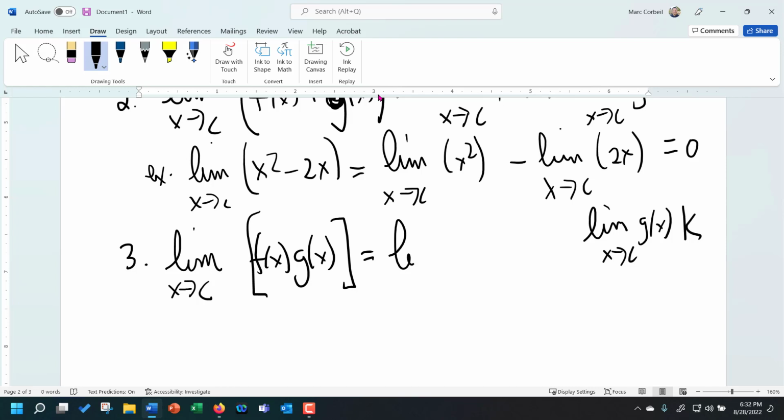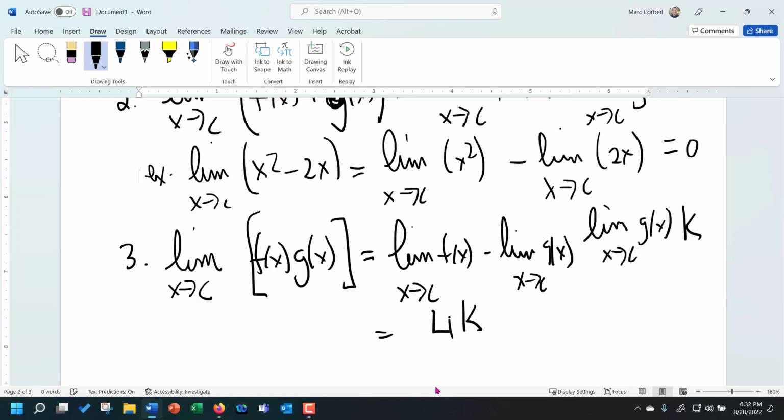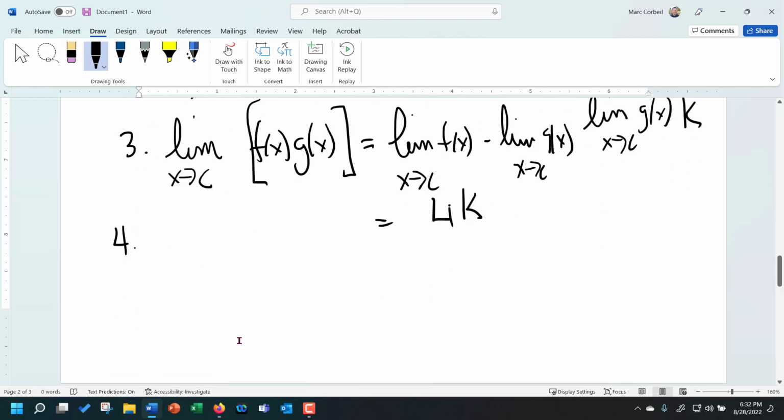So it's going to be the limit as x goes to c of f of x times the limit as x goes to c of g of x, and ultimately this limit is going to be L, and that one is k, so it's going to be L times k. So we got that. Property number 4, quotient, would be the same thing. So if they're dividing, we're going to get the same thing.